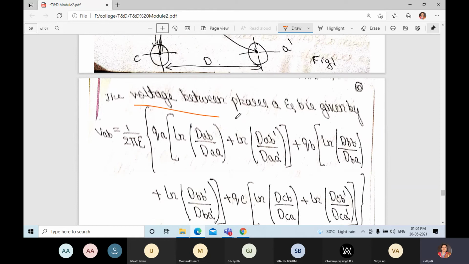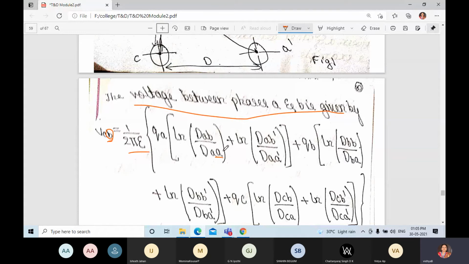The voltage between phases A and B is given by V_AB equal to 1 divided by 2 pi epsilon times Q_A [ln D_AB divided by D_AA plus ln D_AB dash divided by D_AA dash] plus Q_B [ln D_BB divided by D_BA plus ln D_BB dash divided by D_BA dash] plus Q_C [ln D_CB divided by D_CA plus ln D_CB dash divided by D_CA dash]. Again, you need to remember: the second term in the numerator, the first term in the denominator.